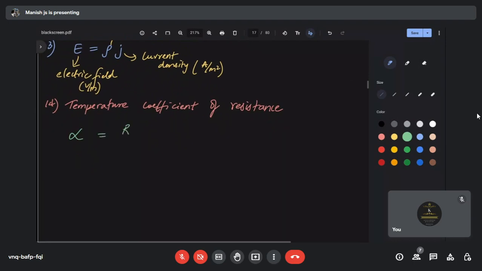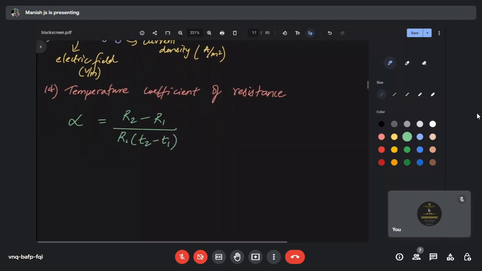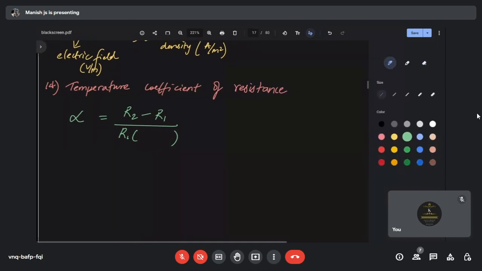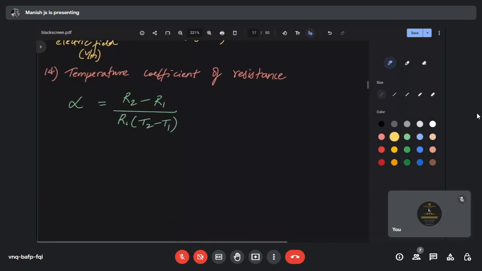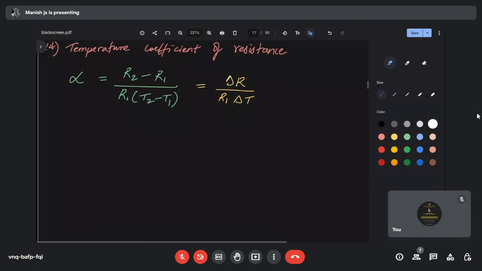So alpha is equal to R2 minus R1 upon R1 times T2 minus T1, where T1 and T2 are not time, they are temperatures. Don't get confused here. It can also be expressed as delta R upon R1 times delta T.